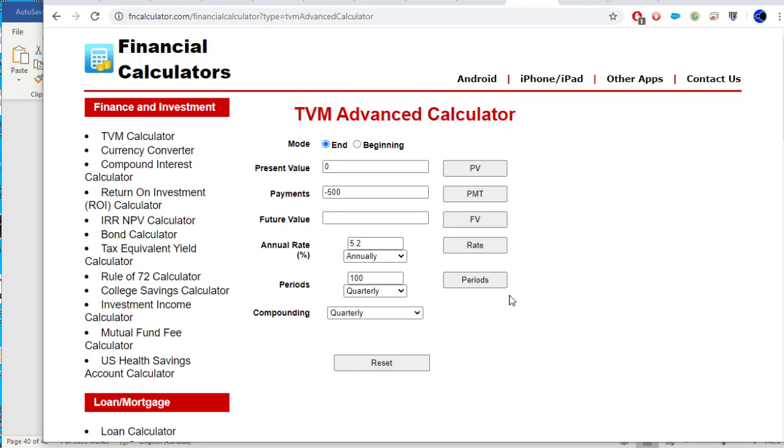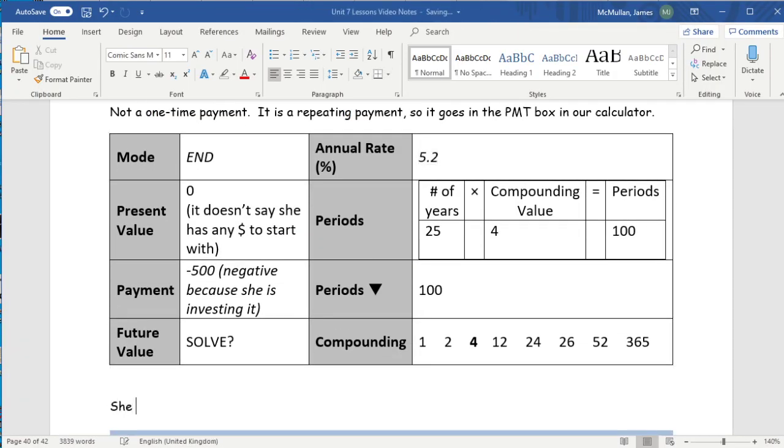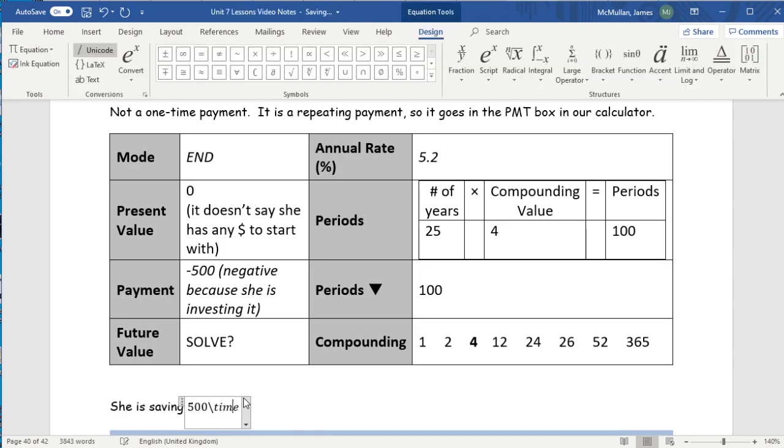Do you want to take a second and pause it and guess? If you saved up $500 100 times, how much would you predict you would have? So think about it. She is saving $500 times 100 quarters. So she's going to have 50, 500, and then 2 more zeros.